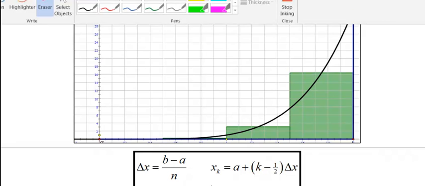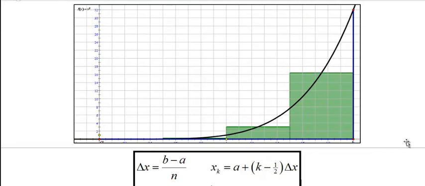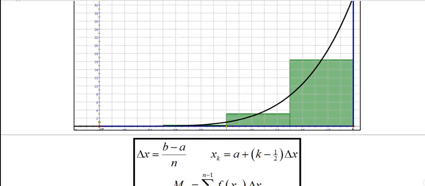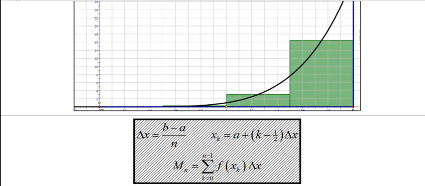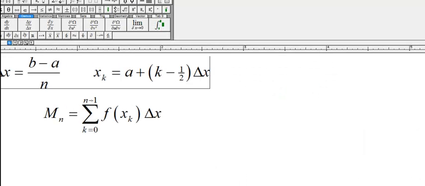Now if we use that new definition of x sub k, a little bit different than we did for the left or right Riemann sums, then the sum looks exactly like it should for the right Riemann sum.